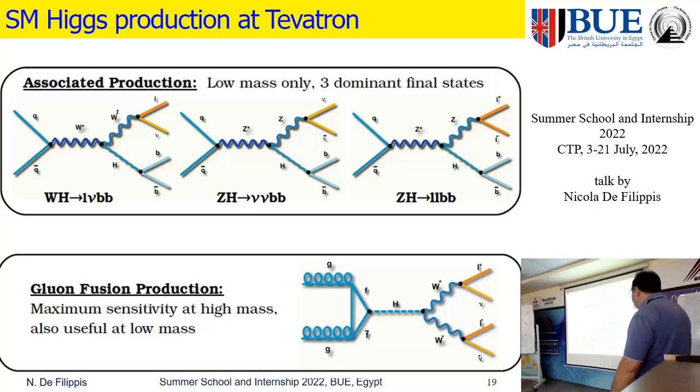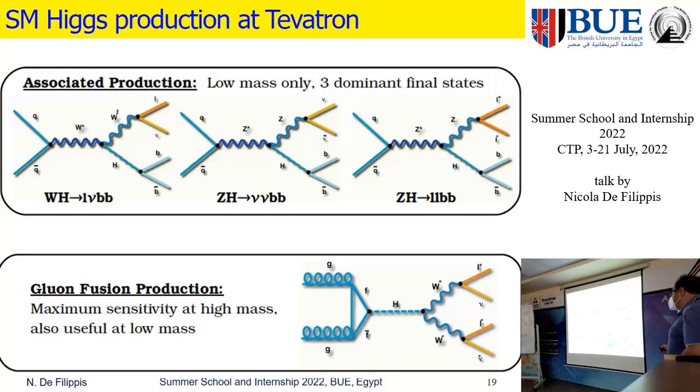The main production mode was still gluon-gluon fusion, but the associated production with a Z or a W could really give the maximum sensitivity at low mass for the Higgs.